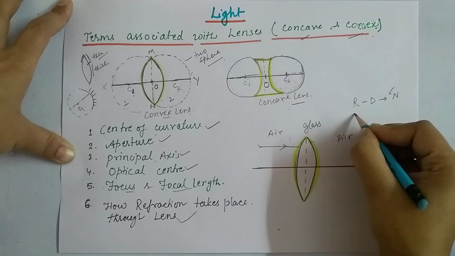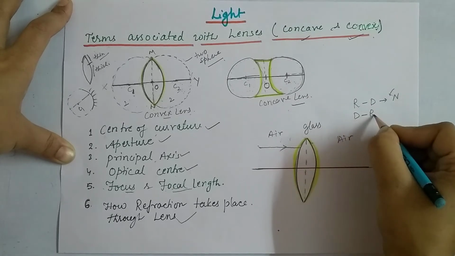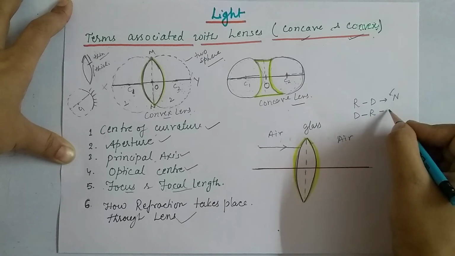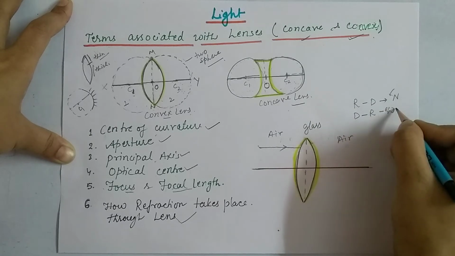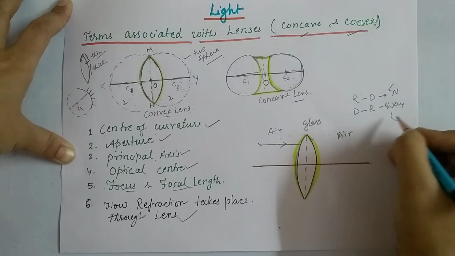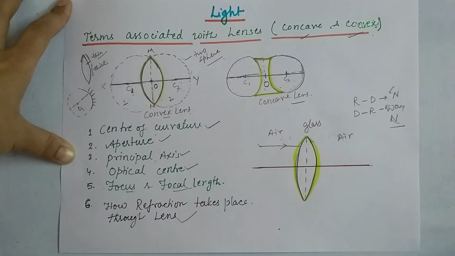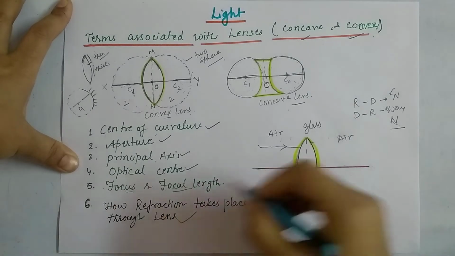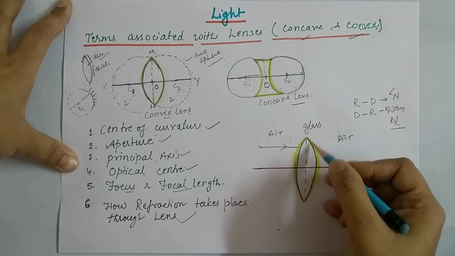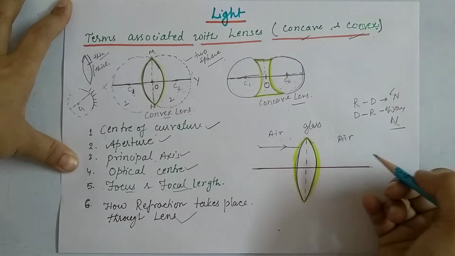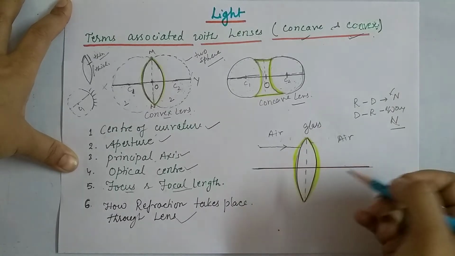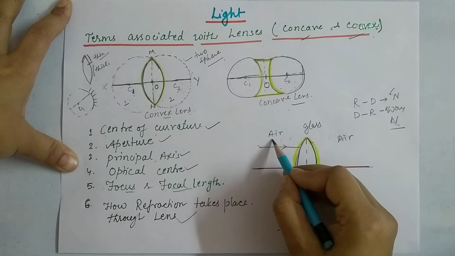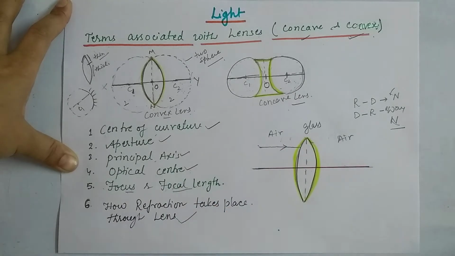And if the light moves from denser medium to rarer medium, then it moves away from the normal. So that is the rule we apply here. You will see here the lens is glass, and this is air medium, and here is also air medium.